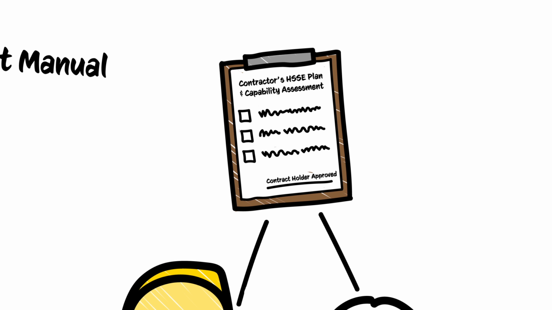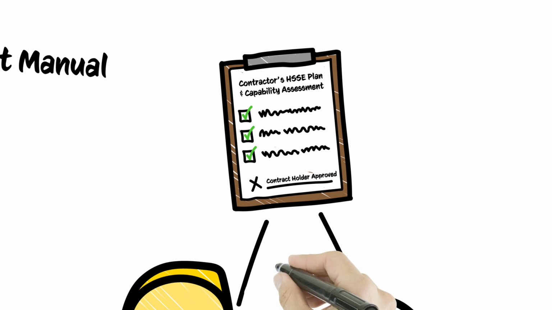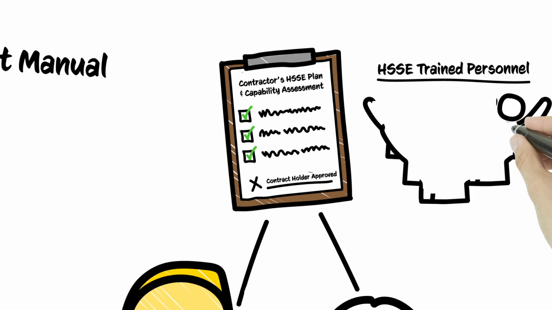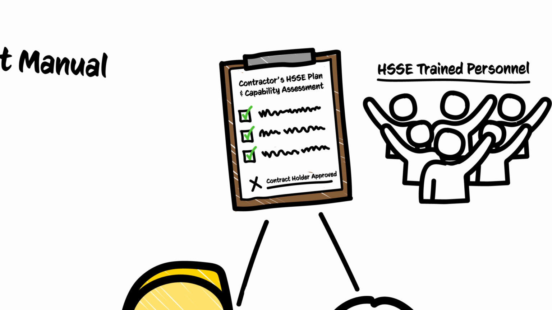The contract holder must approve the HSSE plan, require the contractor to demonstrate that personnel have knowledge of the HSSE requirements and plan, and require the contractor to demonstrate all personnel will be trained on the HSSE risks of the contracted activities and controls to manage the HSSE risks.